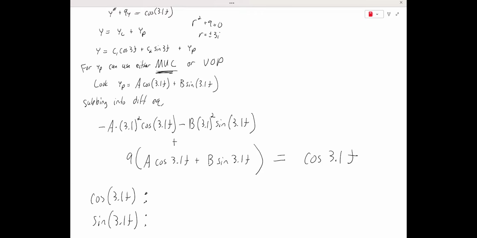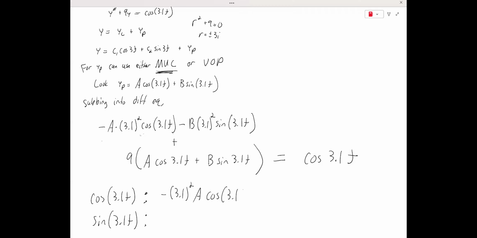So for example, on this side I have a cosine 3.1t, and the coefficient would be this. Here's one, and there's also another one here. So for cosine 3.1t, the coefficient here would be negative 3.1 squared a.